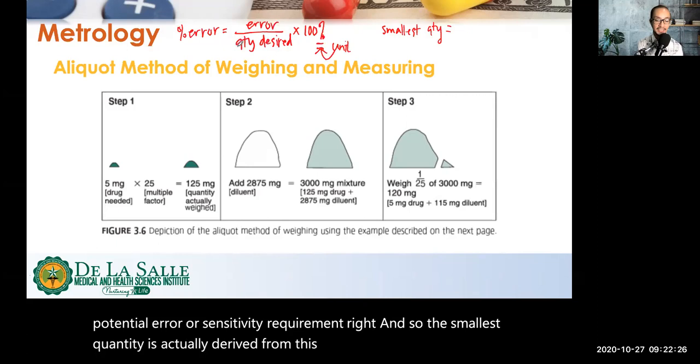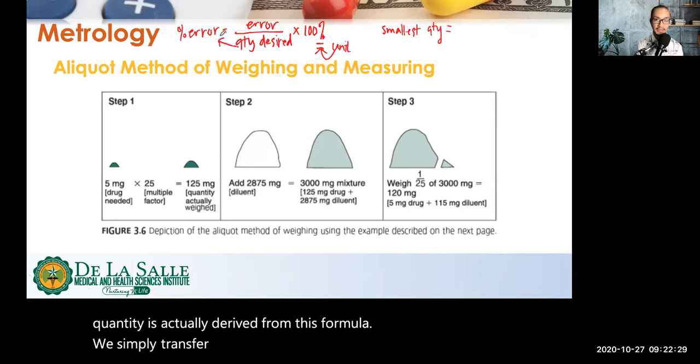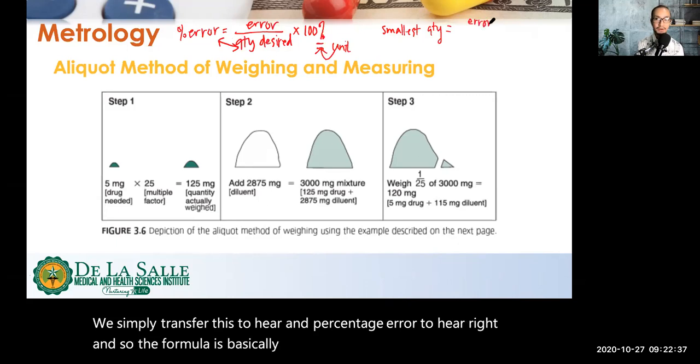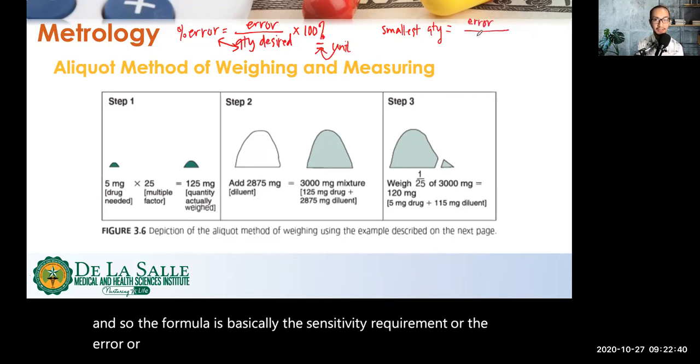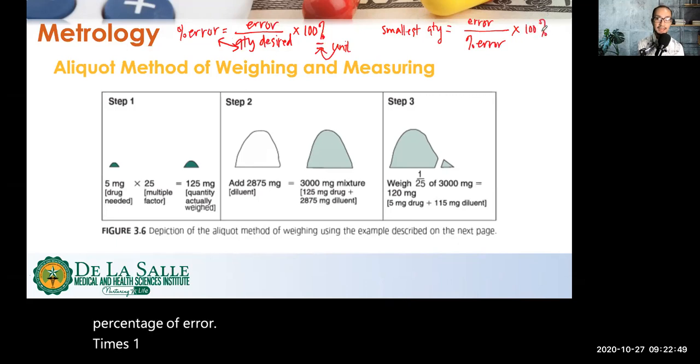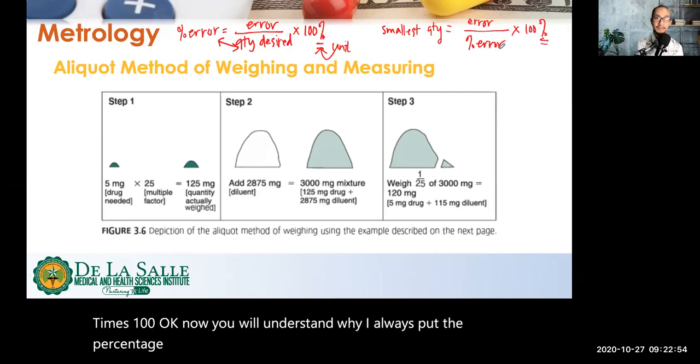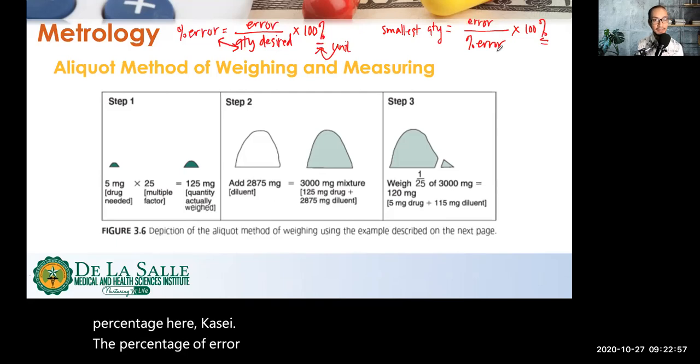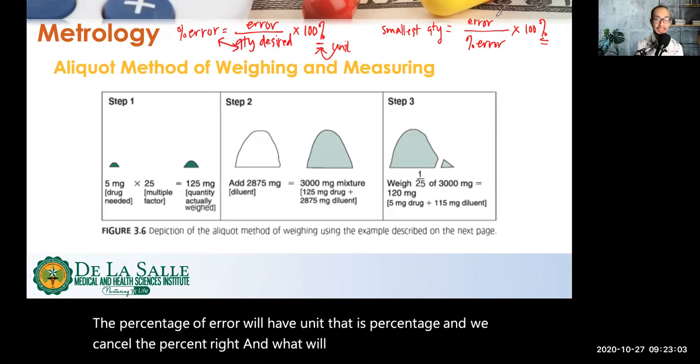We simply transfer this to here and percentage error to here. So the formula is the sensitivity requirement, or the error, or the maximum potential error, divided by the percentage of error times 100%. Now, you will understand why I always put the percentage here, because the percentage of error will have a unit that is percentage and we cancel the percent, and what will be left is whatever unit is in your maximum potential error.